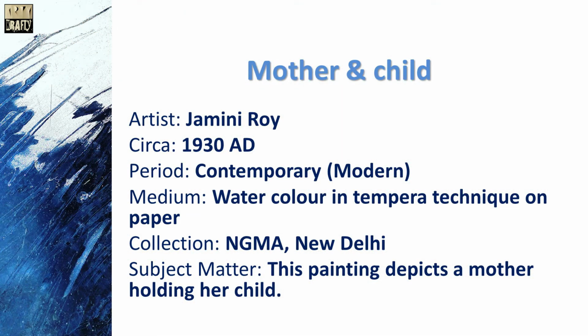Mother and Child, artist Jamini Roy. It is done in 1930 AD, period contemporary, modern, medium watercolor in tempera technique on paper. Subject matter: this painting depicts a mother holding her child.